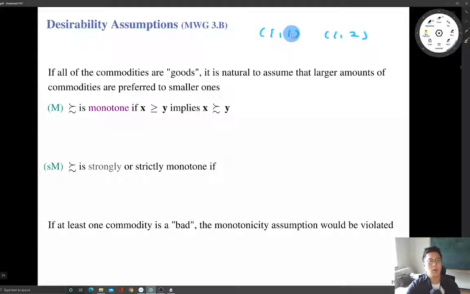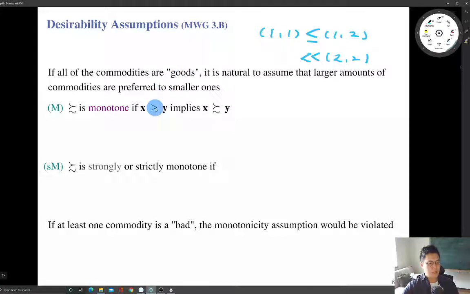Then we compare these two vectors with this inequality. But (2, 2) is strictly larger than (1, 1) in every component. Then we use this double inequality.